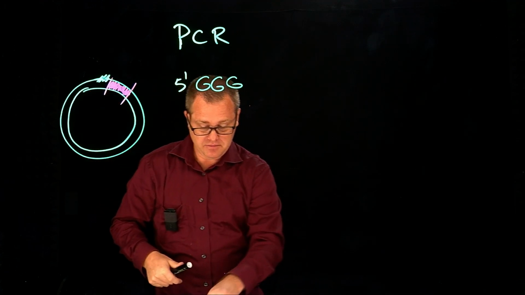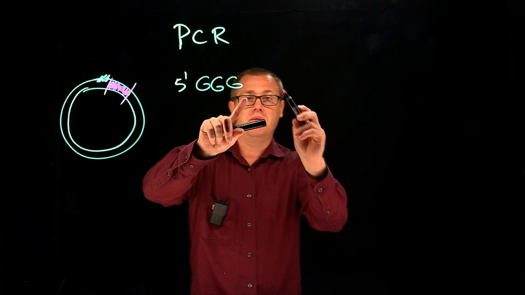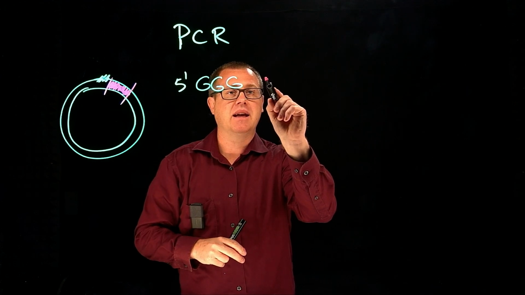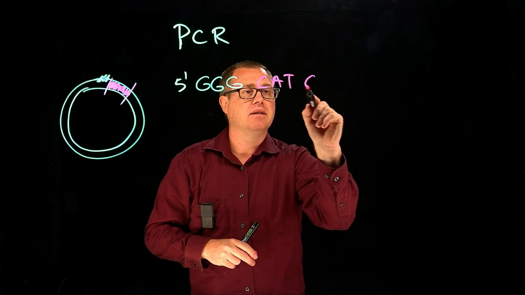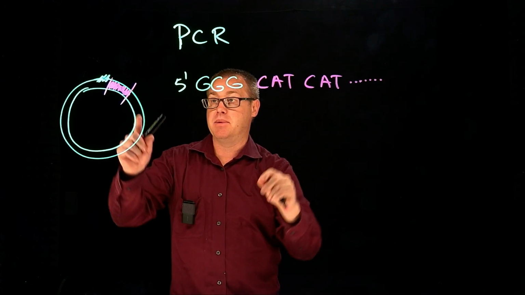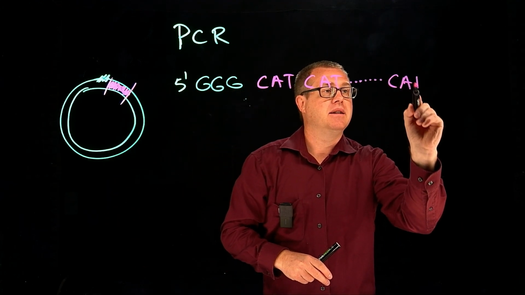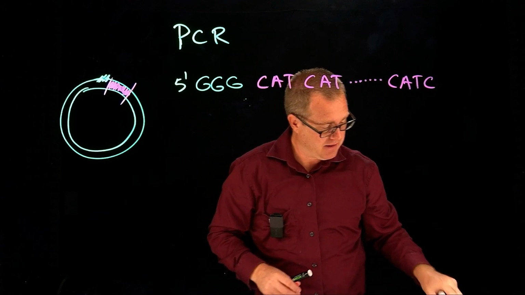And then the pink part right here, I'm just going to make it up. We'll just say it's CAT, CAT. And I'm putting the dots because this is a rather large gene, CAT and CAT.